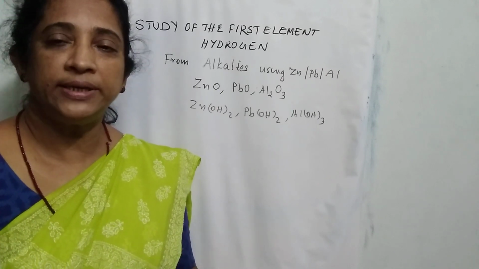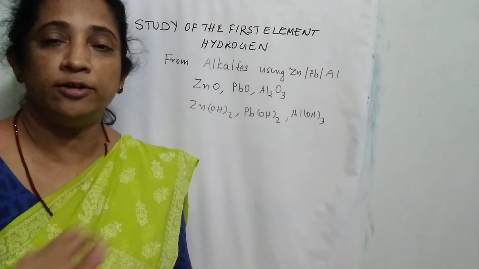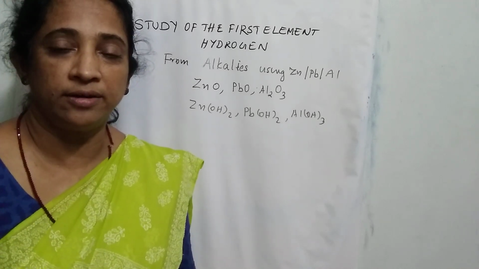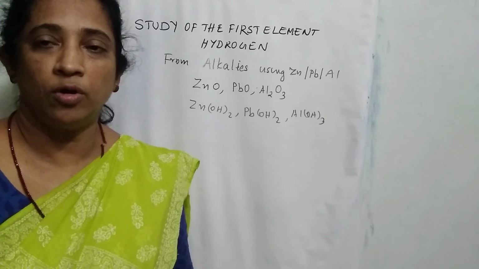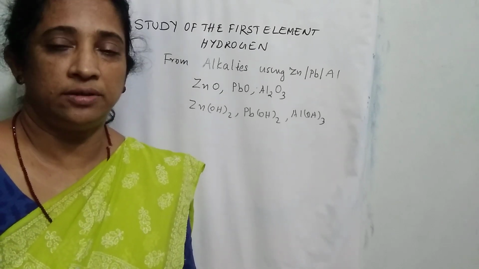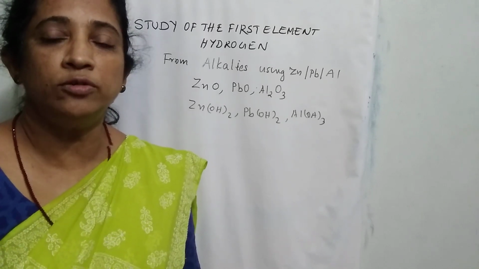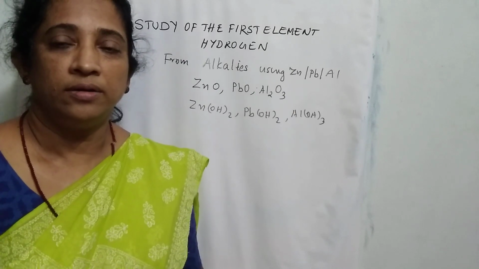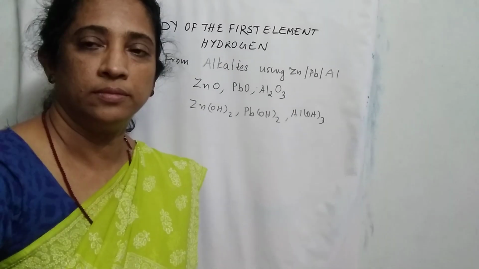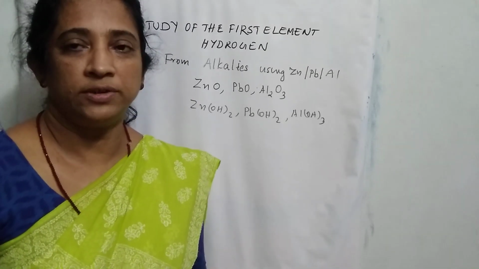And all the metals below hydrogen in the activity series cannot liberate hydrogen from dilute acids. For example, copper, silver, etc. do not displace hydrogen or react with dilute acids. So study all the equations and write notes. Thank you.